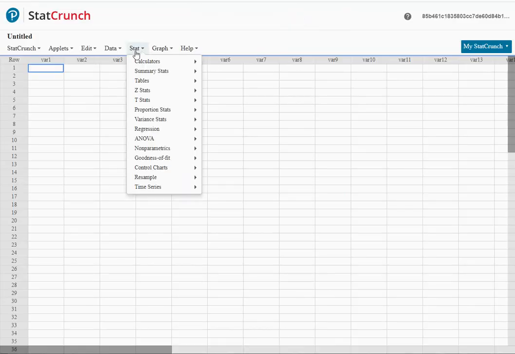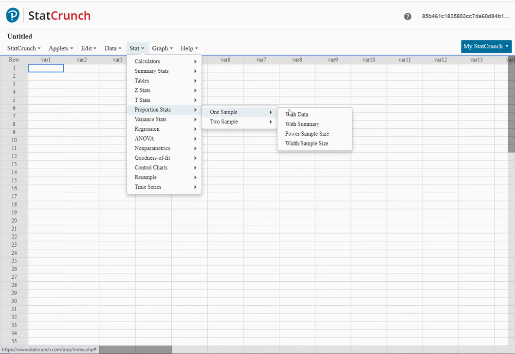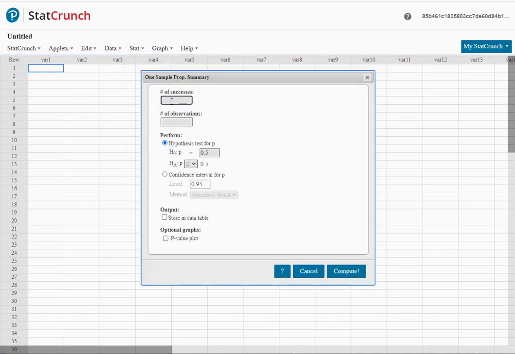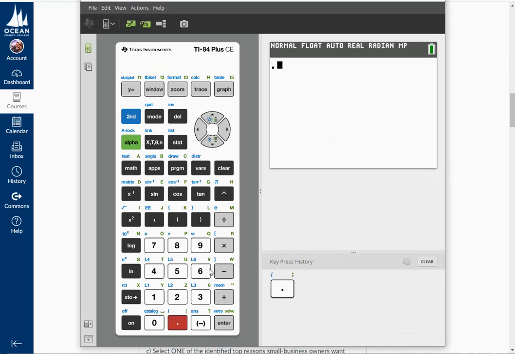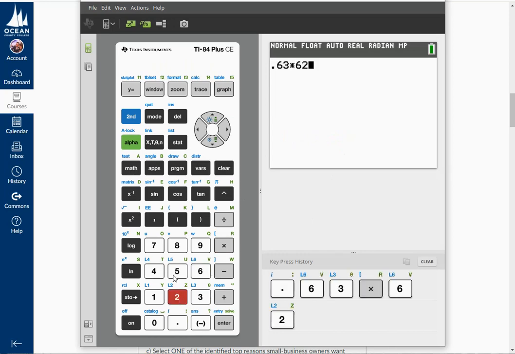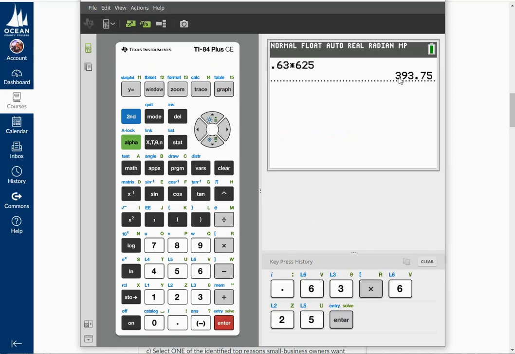You can go to Stat and load up StatCrunch. Go to Stat, Proportion Stats, One Sample, with Summary. It's going to want your number of successes. If you look back here, 63% of 625 is about 394 people.